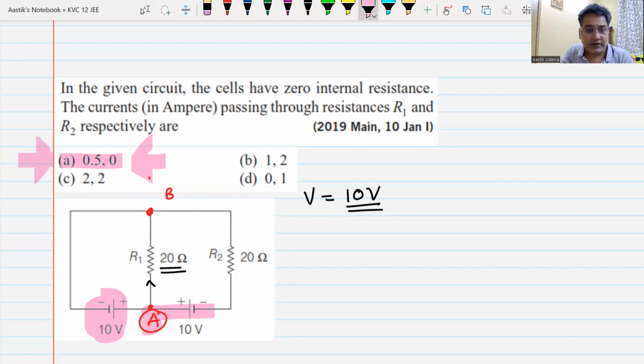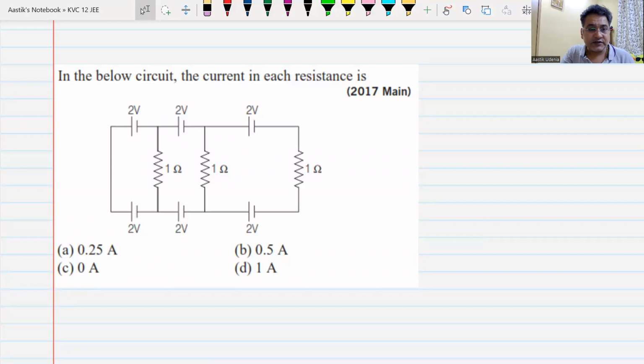I hope that you can give me the answer for this one. In the below circuit, the current in each resistance is how much? So I think the current is going to be the same in each resistance. Therefore, they're asking you what is the current in each resistance.